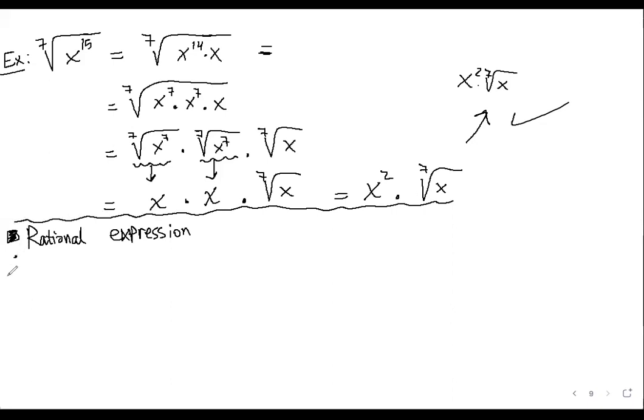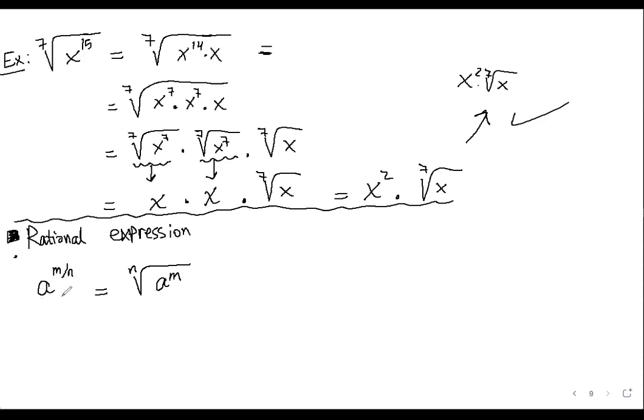We have to know anything that looks like a to the m over n, we can make it as a radical, like this: the nth root of a to the m. This is called the rational expression.